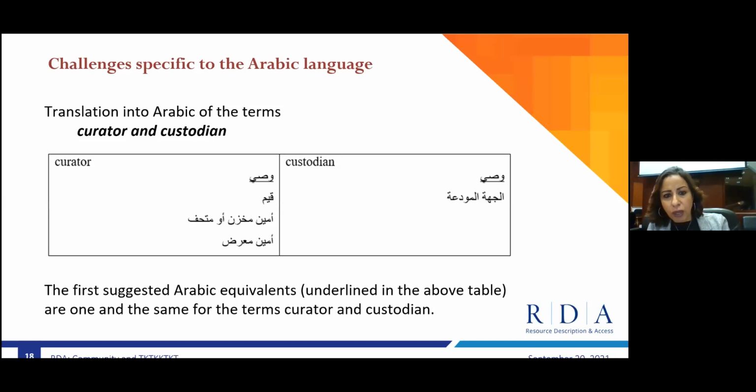So the first suggested Arabic equivalent underlined in the above table is one, and the same for the terms curator and custodian. So we need to use more terms. We faced this with the English vocabulary, but it happened with valuable terms like custodian and curator, which are used a lot, and nomen, of course.